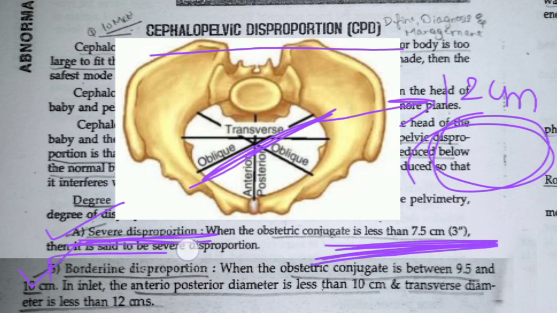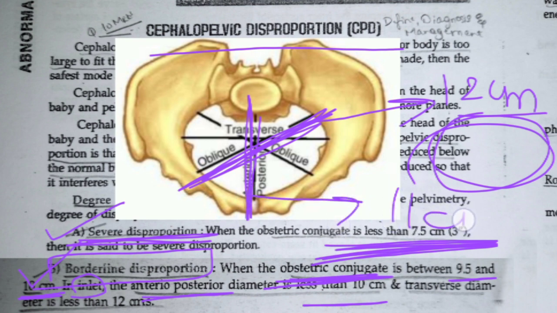And in borderline disproportion, the diameter of all the angles is almost 1 or 2 centimeters smaller than the healthy one. The obstetric conjugate should be 12 centimeters, but here it is 9.5 to 10 centimeters. The inlet anterior posterior diameter should be 11 centimeters, but in this condition it's less than 10 centimeters.